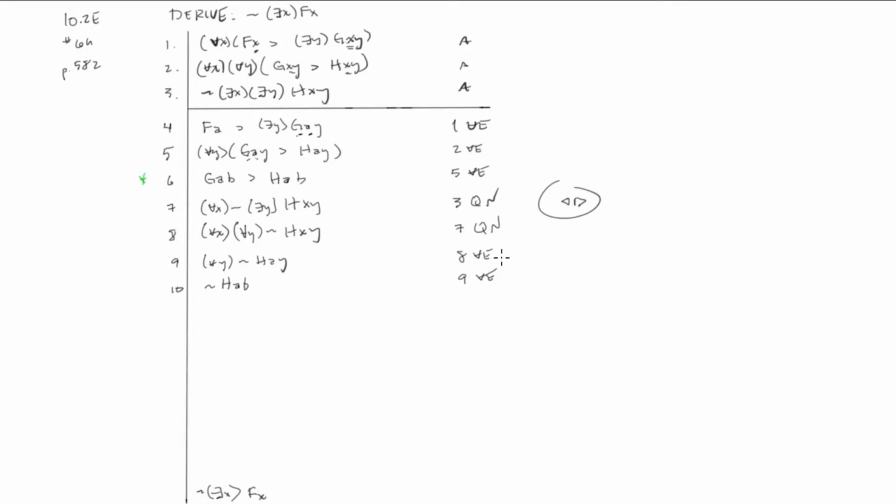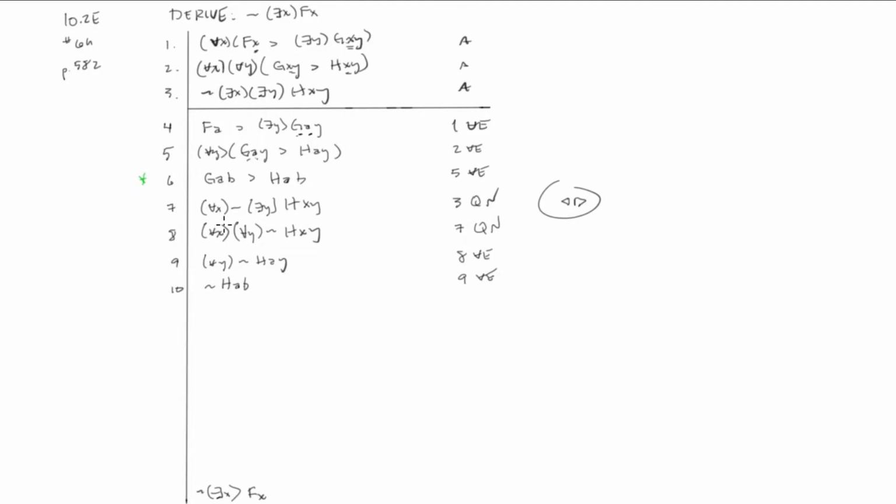Like all of these rules, universal elimination operates on the main logical operator. So when a rule like universal elimination looks at line 2, it only sees this quantifier. It doesn't really care what's going on inside or to the right of the quantifier. It cares that on line 2, the universal x is the main logical operator, so that's the quantifier that gets dropped.